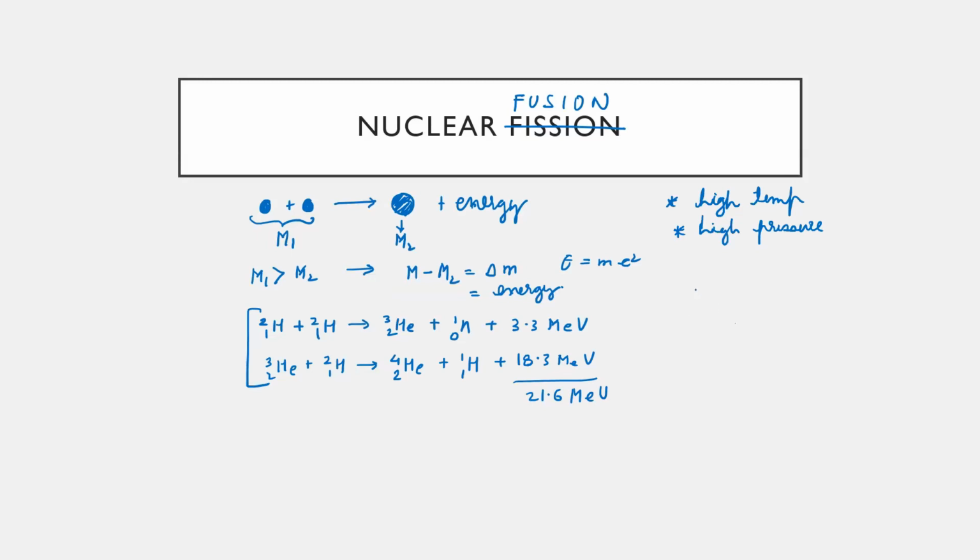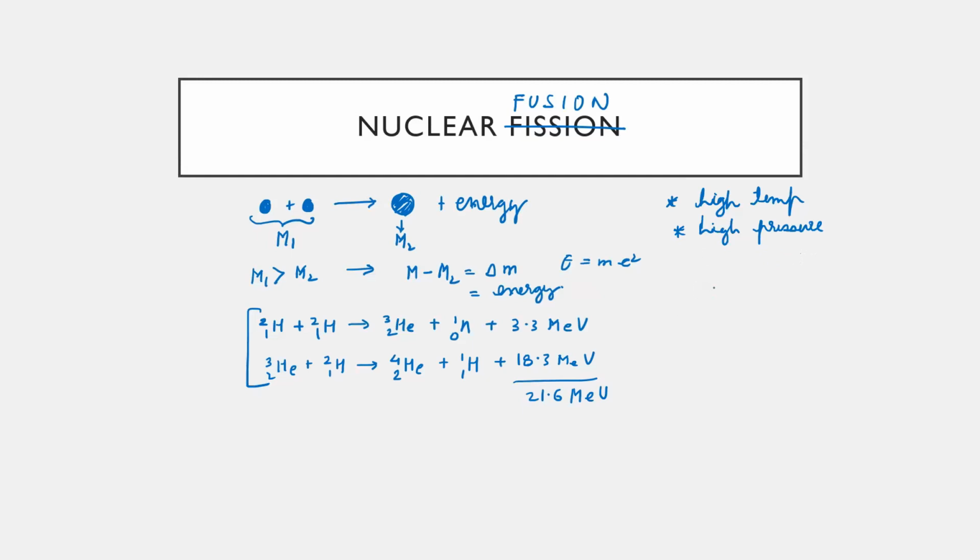In a hydrogen bomb, they first do fission. Fission gives rise to the high temperature and pressure, and then fusion happens. So both are used in that, and you can pack in as much hydrogen as will cause more and more damage.